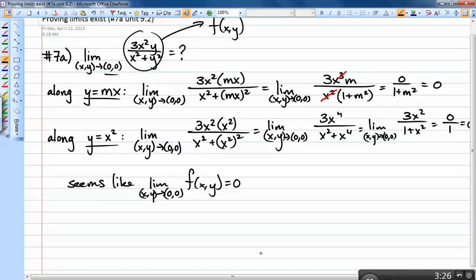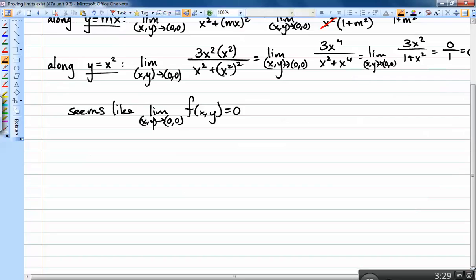So in order to prove that, let's look at the formal definition.